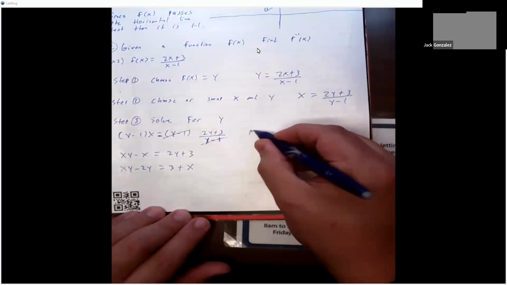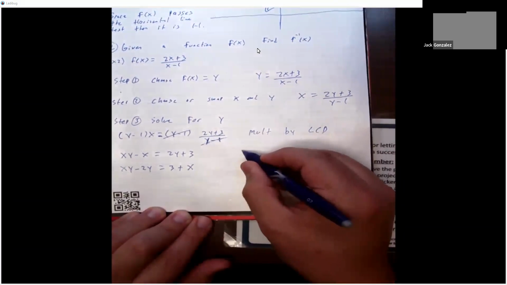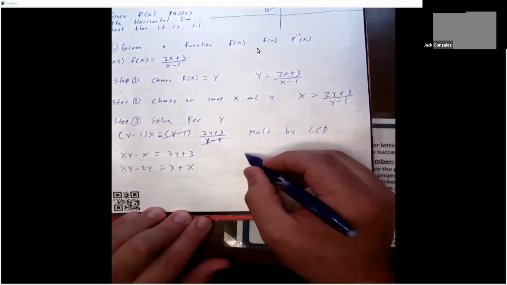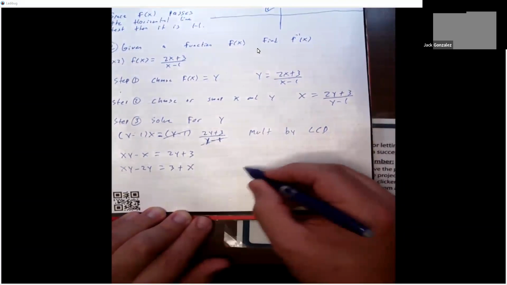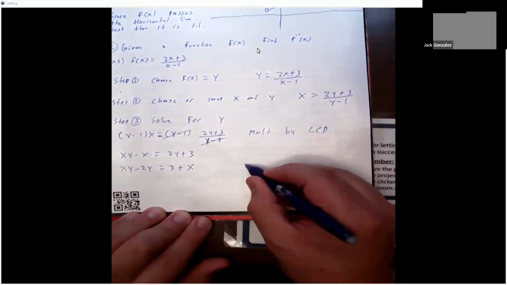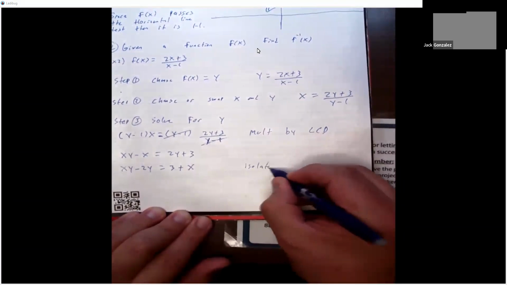So the next step, I'll make a note here. Multiply by LCD. Isolate y variable.